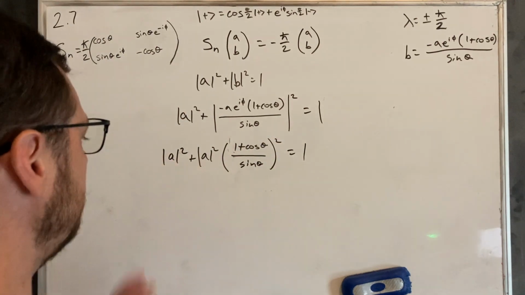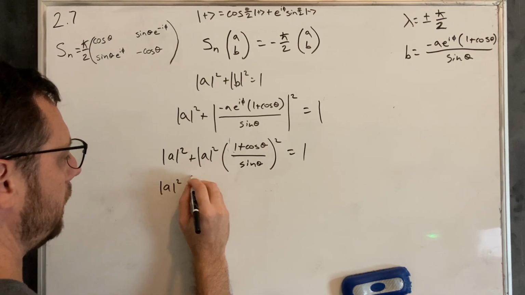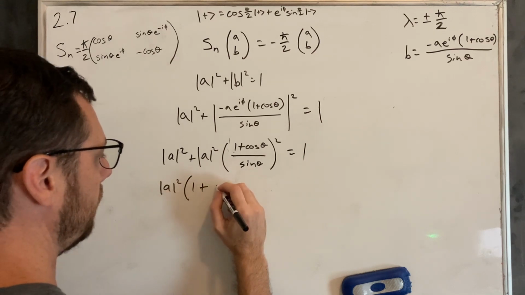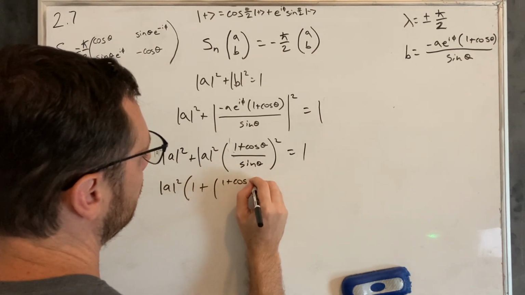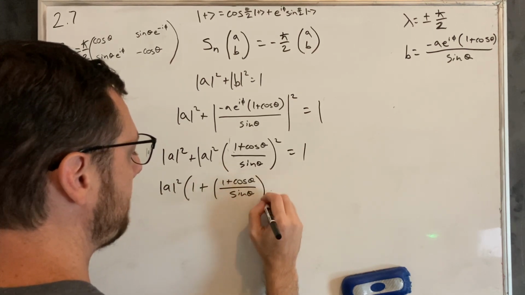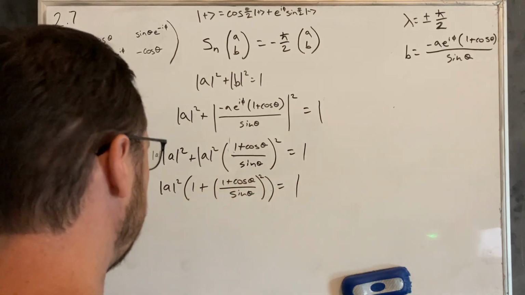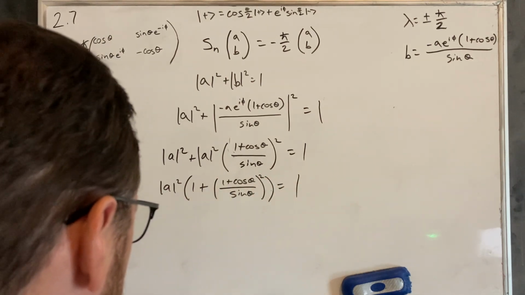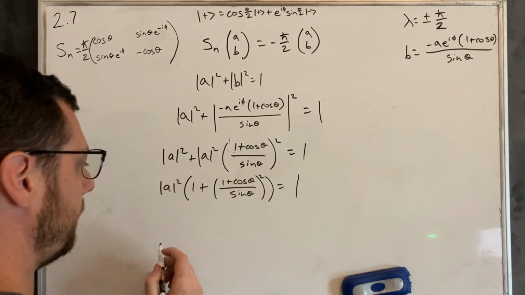Let's go and factor out these a's. There's a squared times 1 plus all this junk, so 1 plus cosine theta over sine theta, and that's going to be squared. Okay, so then, yeah, we can go ahead and divide all that stuff.